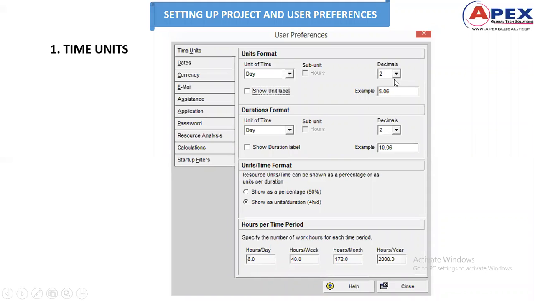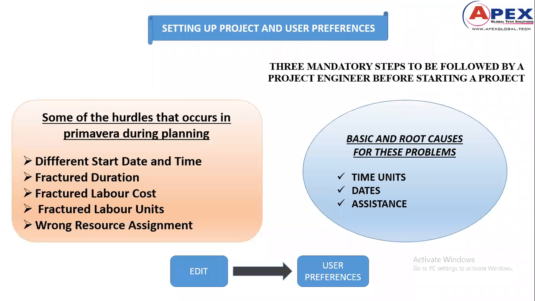Coming to the decimal part, we'll go up to 2 decimals, because we may be affected by fractures. In the last slide I explained that we have fractured duration, fractured labor cost, and fractured labor units.